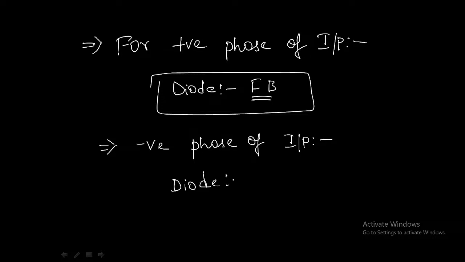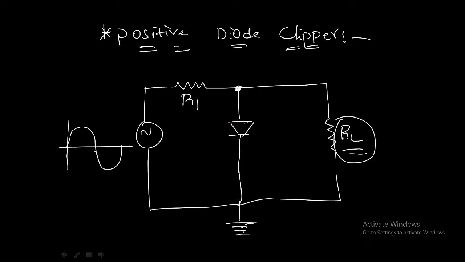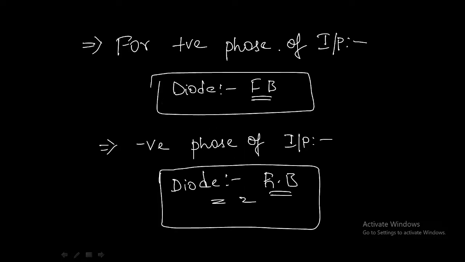For negative phase, if you observe here, the negative voltage is being applied to anode and the positive is being applied to cathode, so it will be in reverse bias condition. So for the positive phase of the input, the diode will be in forward bias condition, whereas for the negative phase of the input, the diode will be acting as reverse bias.